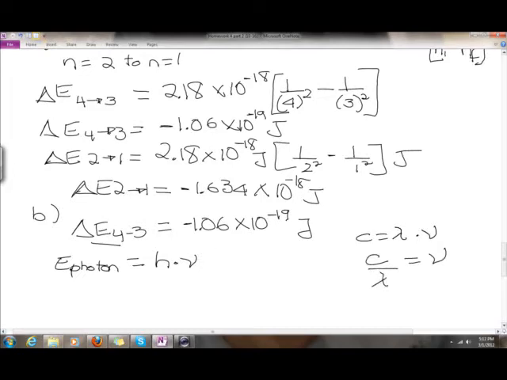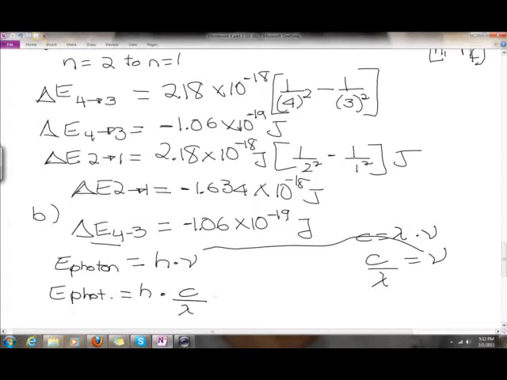So the energy of a photon would be equal to h, Planck constant, multiplied by the speed of light divided by wavelength.